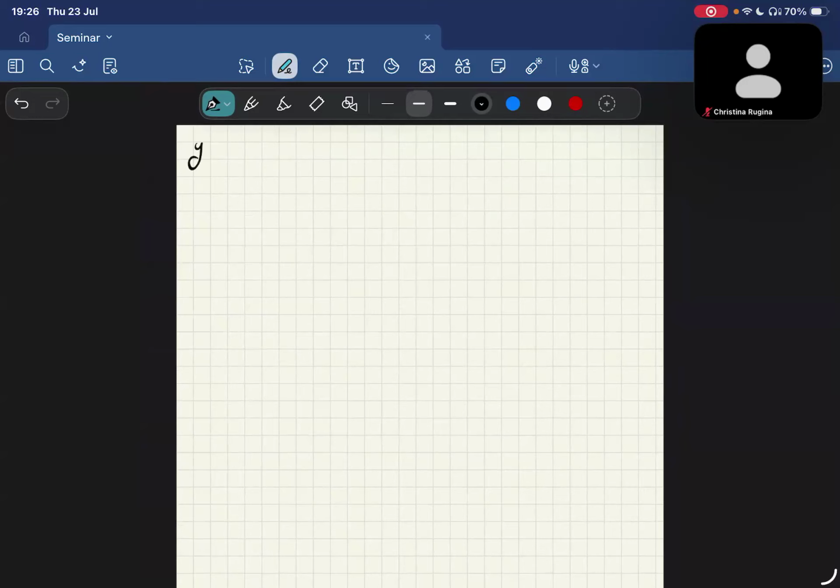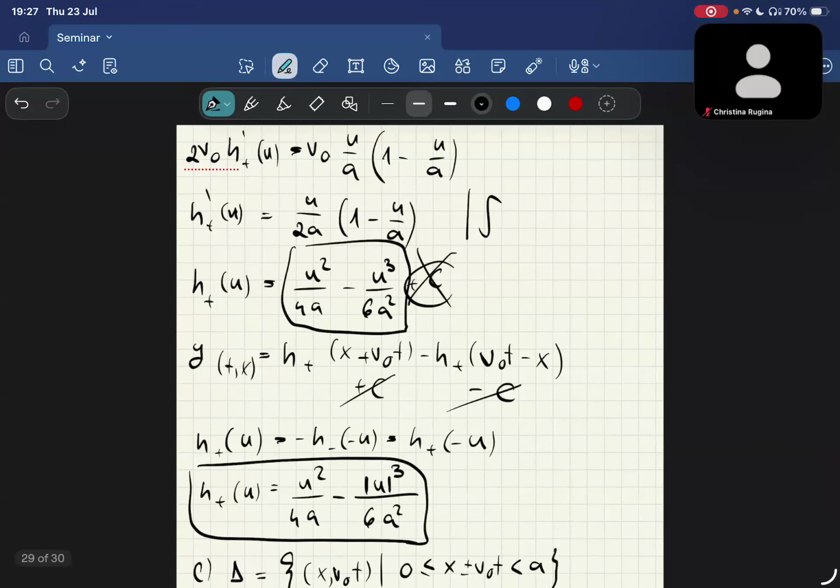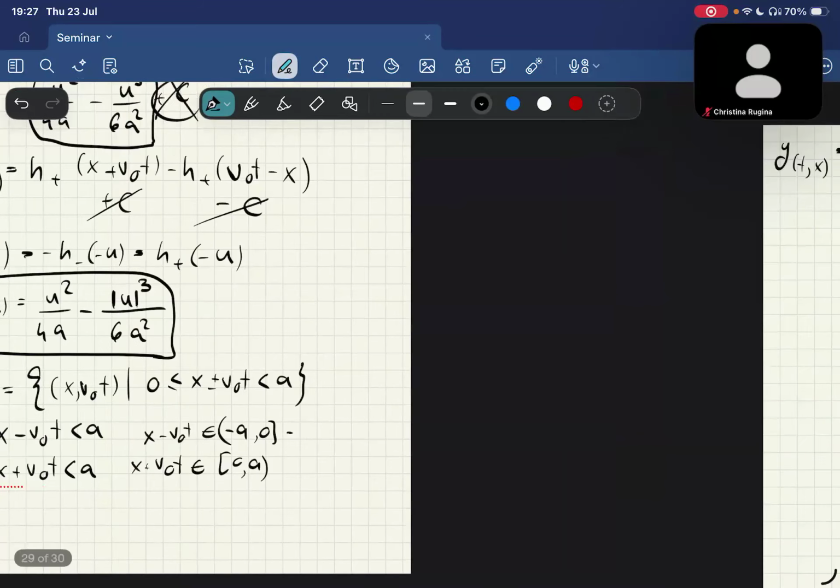So y of t, x is equal to bracket x plus v0t squared over 4a minus x plus v0t at the third power over 6a squared. Here we don't need the modulus because it's in the positive domain here. Okay.